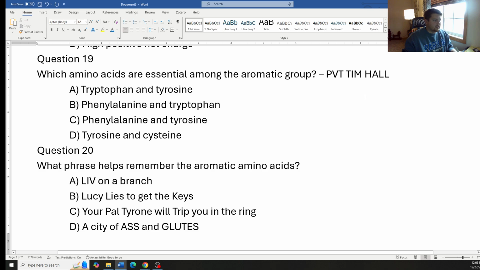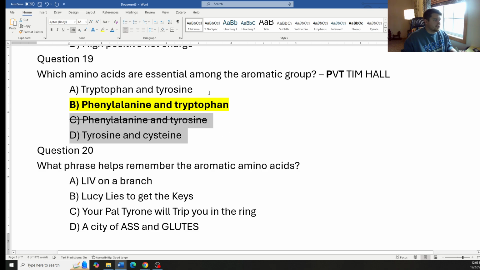The P and one of the T's represents phenylalanine and tryptophan. The reason it is not tyrosine is that phenylalanine can be converted into tyrosine. So as long as we have phenylalanine, we can produce tyrosine, and we don't need tyrosine in our diet.